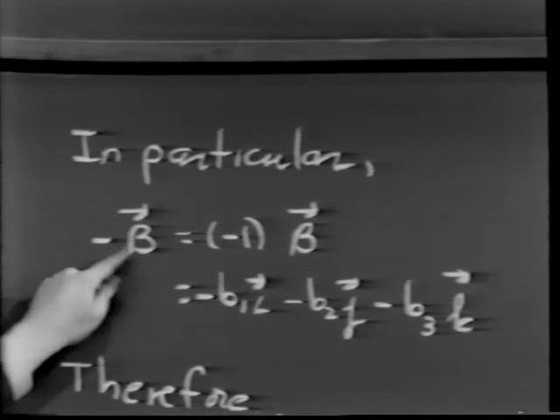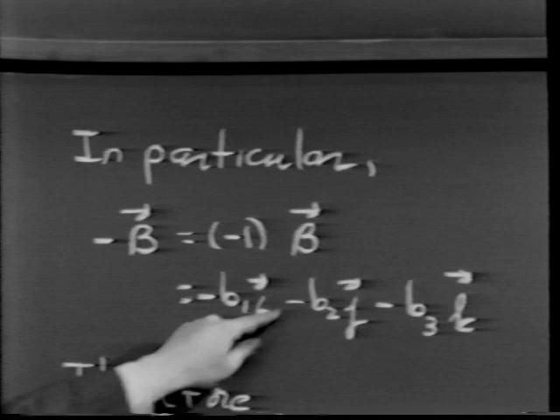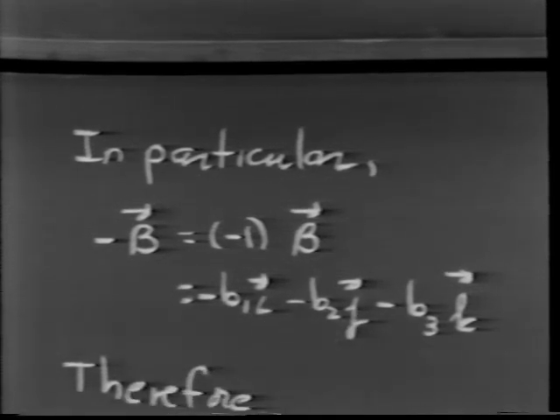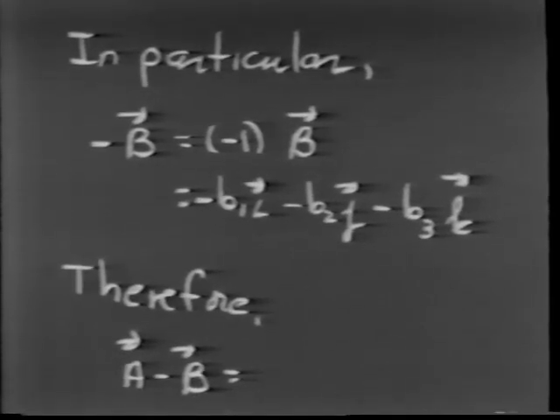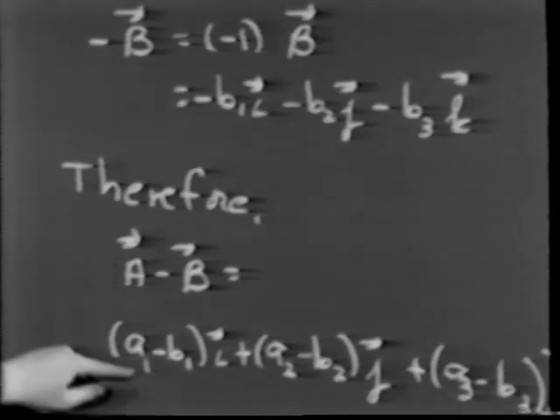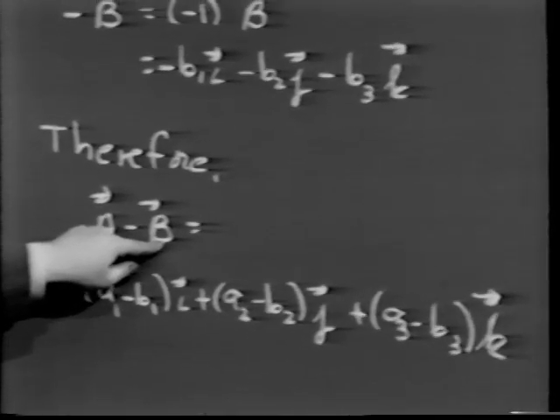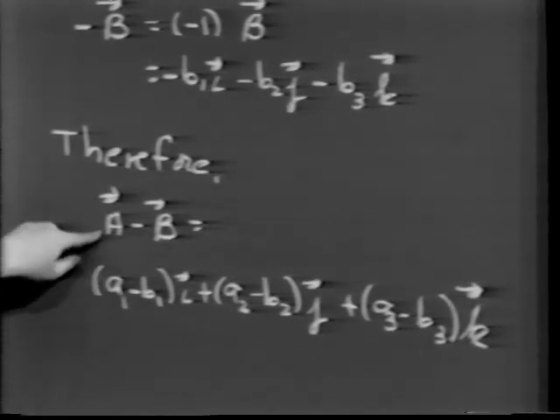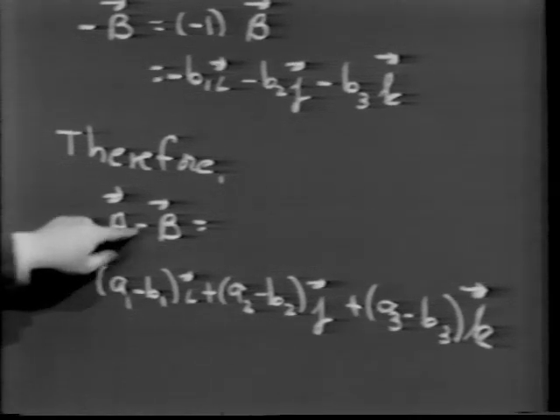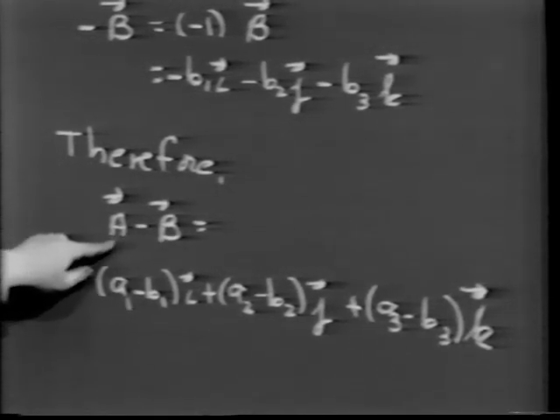In other words, the vector negative b in three-dimensional space is minus b1i minus b2j minus b3k. And therefore, since a minus b still means a plus negative b, the vector a minus b is simply obtained how? You subtract the same way as we did in ordinary one-dimensional analytic geometry in terms of the number line. In other words, you subtract component by component, subtracting what?